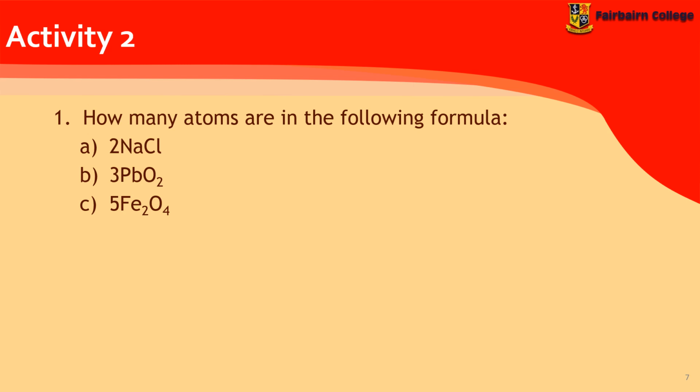It's very simple. All you have to do is calculate the total number of atoms in each of these formulas. I will show you this activity at the end again, because I first want to go through all of the work, and then I'll show you the two activities that you have to complete at the end. So you don't have to write this down right at this moment.